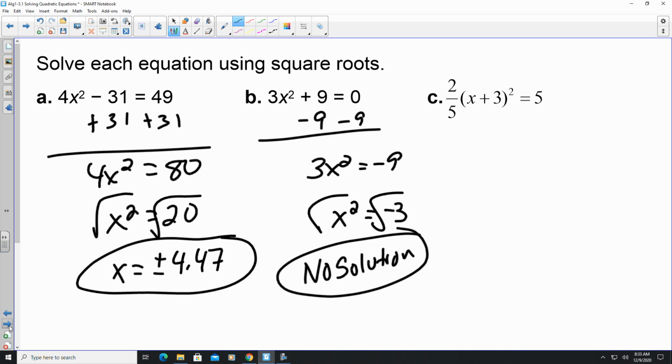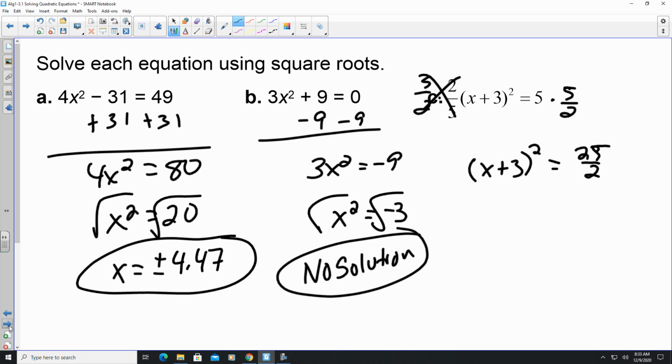Now over here with part C, here's how you'd go about solving this one. First off, our square is a series of terms inside the parentheses. So what you're going to do is try to isolate that. So I'm going to multiply this by the reciprocal, which is 5/2. So this gets canceled. So now I got x plus 3 quantity squared is equal to 25 over 2.